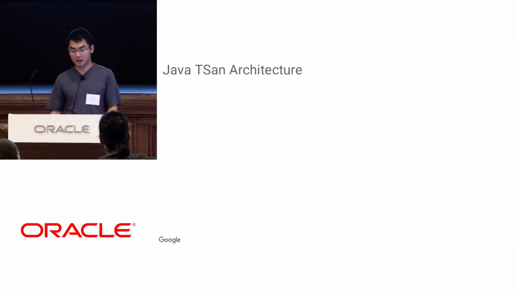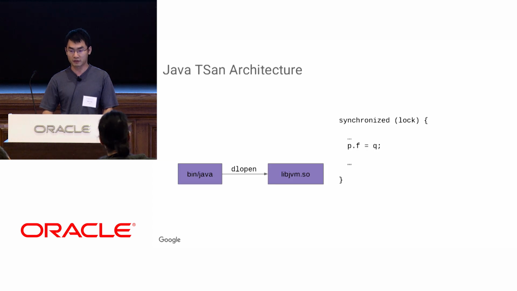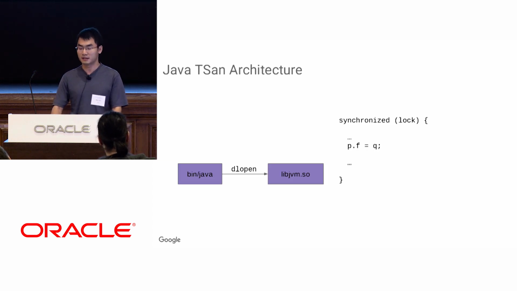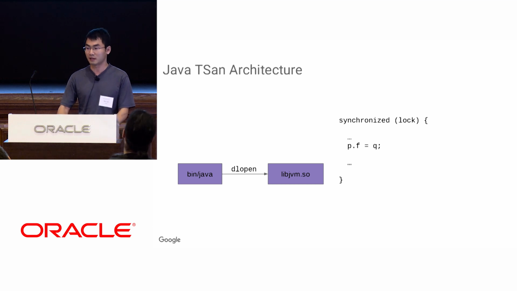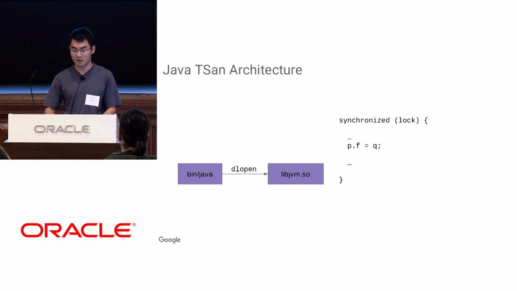So for how Java TSan works with the JVM: without TSan, there's a Java launcher that you first execute, then it calls dlopen, which loads libjvm.so, which loads the entire runtime. Then you have Java code like on the right-hand side, a synchronized block, and it performs the write to objects.